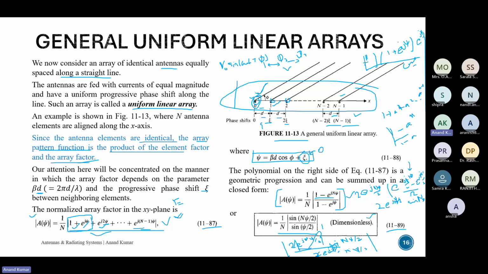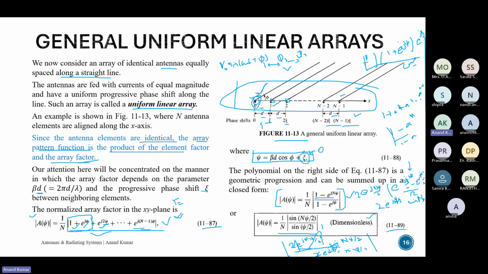There's another question by Sarila. Yes, please unmute yourself and ask me the question. I wanted to know whether there is any standard value of xi when designing uniform arrays.